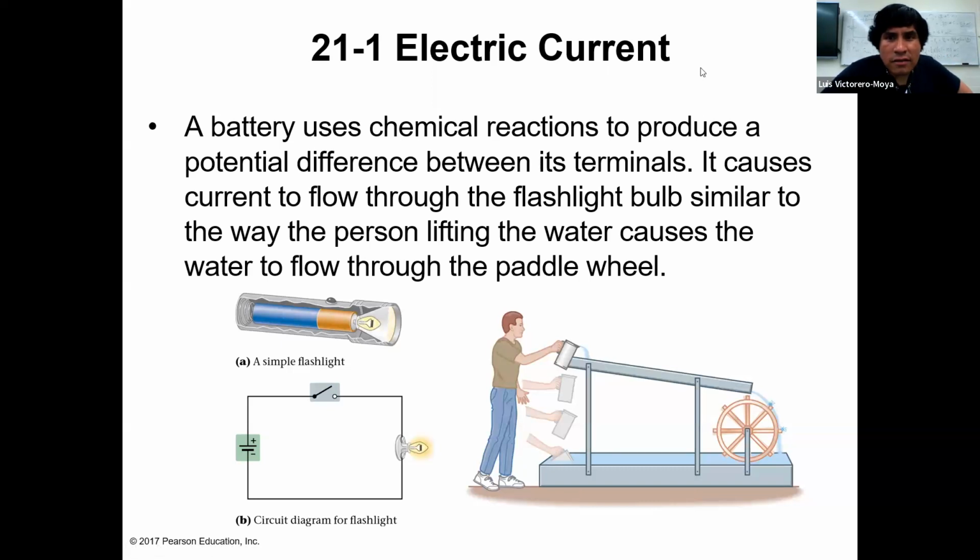Here, you are seeing how we can define a circuit. You have the battery here, you have the switch, and you have here the light bulb, which might be your resistance, which we label with R. The battery, normally we label it with V. Normally, not always.